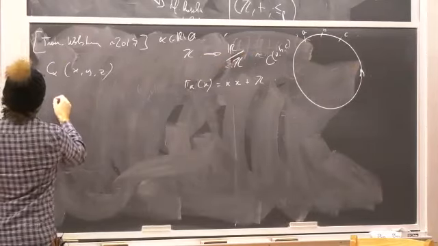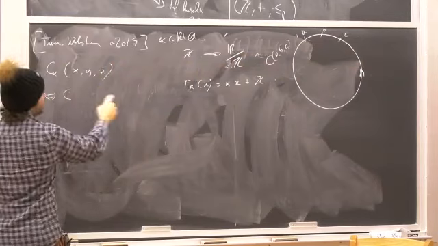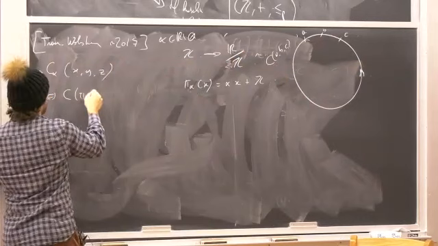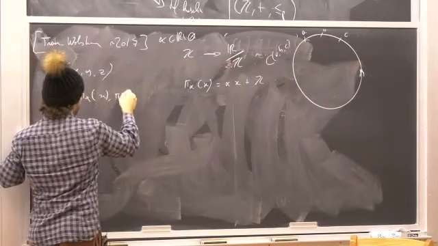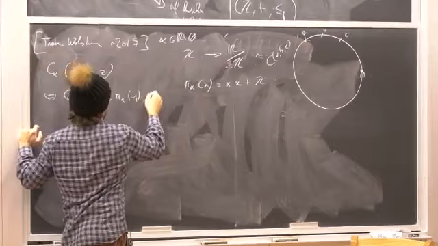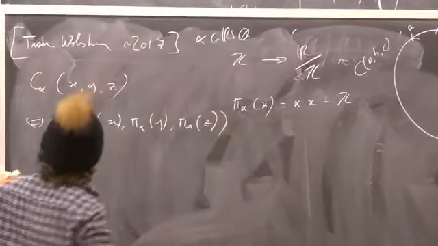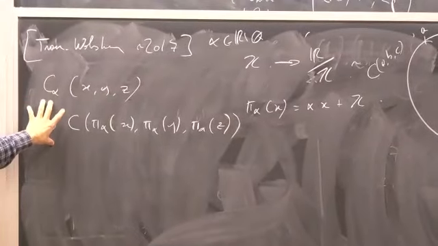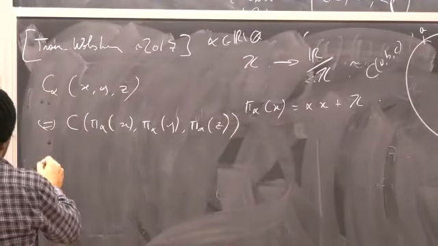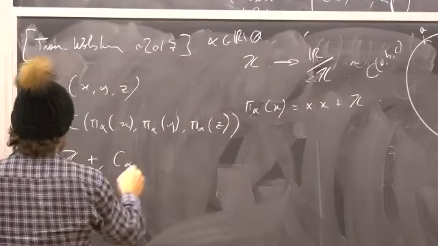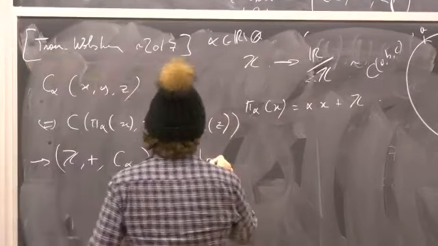So C of x, y, z if and only if C alpha of pi alpha of x, pi alpha of y, pi alpha of z. So it's a relation on the integers. And then what they prove is that if you add this relation, it is dp minimal.